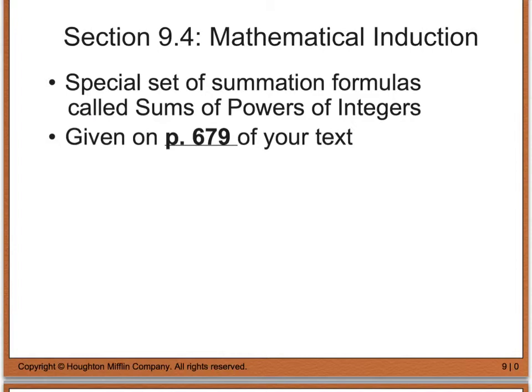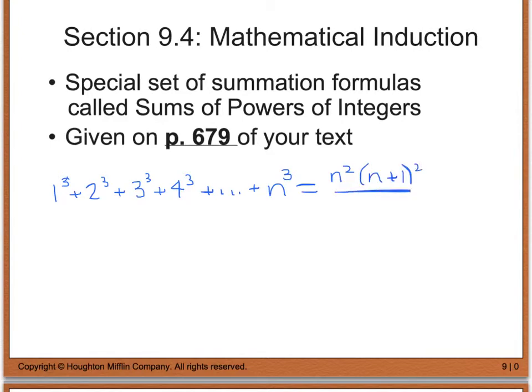These are given to you on page 679 of your textbook, but an example of one of them, and we're going to use this in the next example, this is number 3 out of that table, says that if I have 1 cubed plus 2 cubed plus 3 cubed plus 4 cubed, and so on, or in other words, I'm cubing n, that this is the same thing as taking n squared and multiplying it by the quantity of n plus 1 squared and dividing all of that by 4.